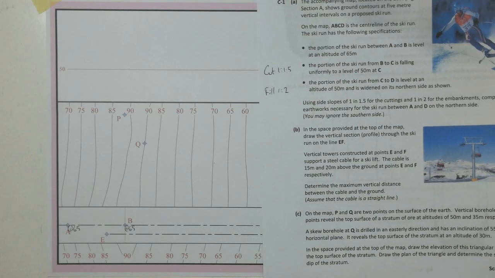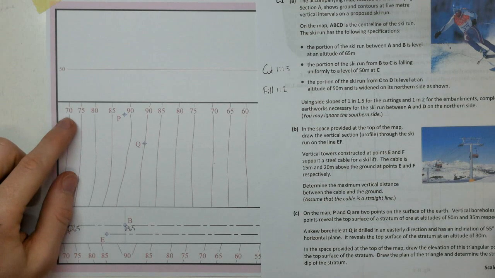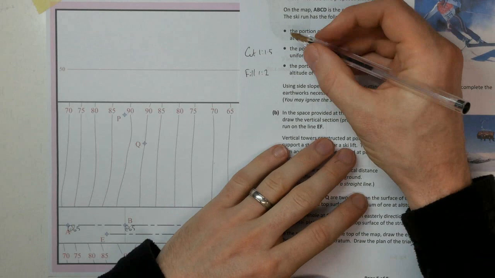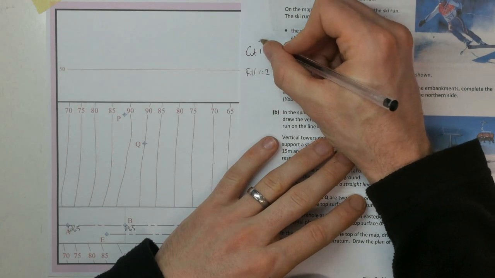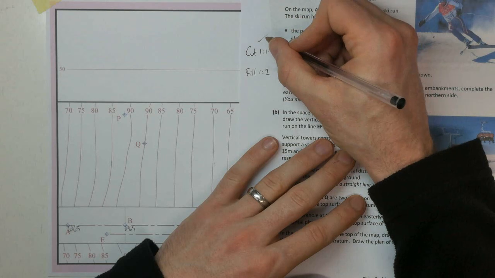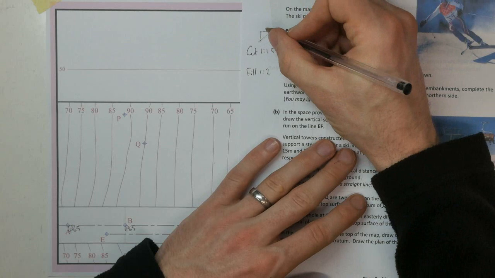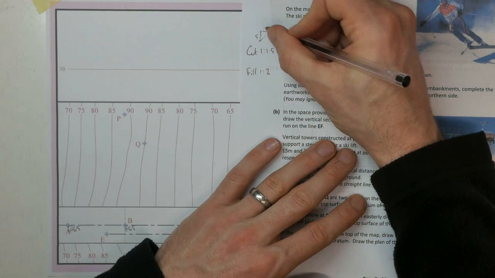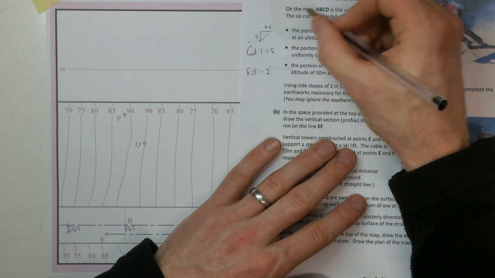So looking at our intervals, we've got 5-meter intervals. With our cut cone, cutting into the hill, we're going up 5, so we're going 7.5 into it. And that's our level there.